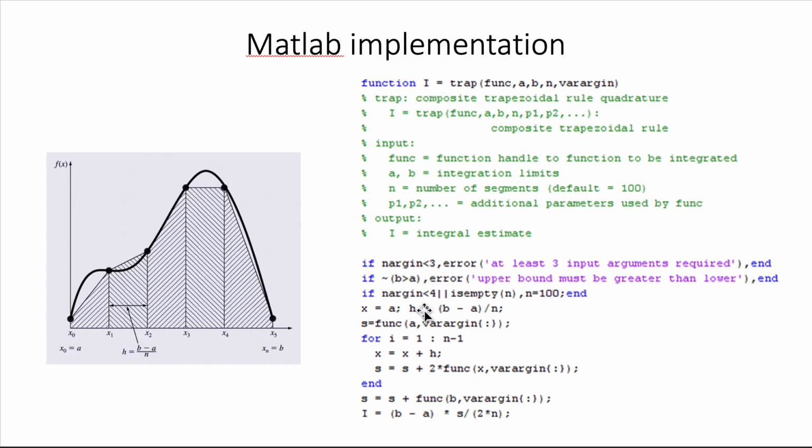You compute h, the step size on the x-axis, and then you simply evaluate your function at these points, evaluate the formula given in the previous slide, and compute the I here, which is the total sum of the integrals of all of these little regions, and that's your result. So it's a pretty straightforward formula to implement.